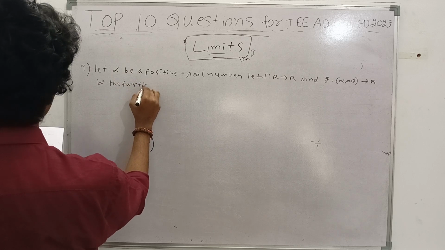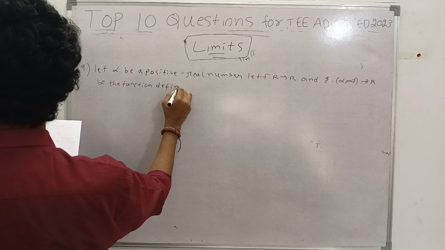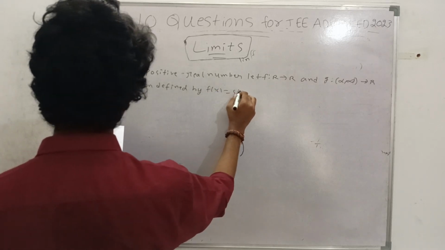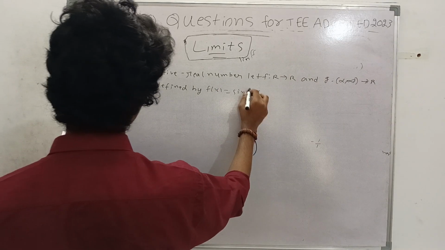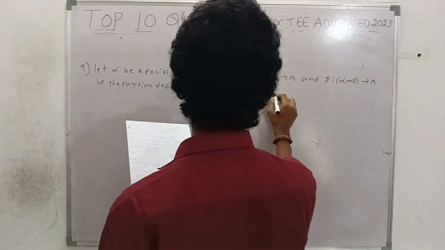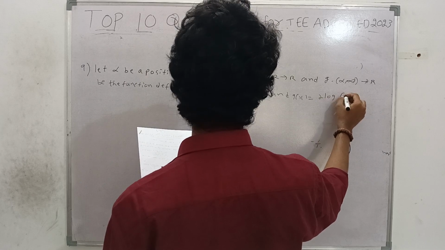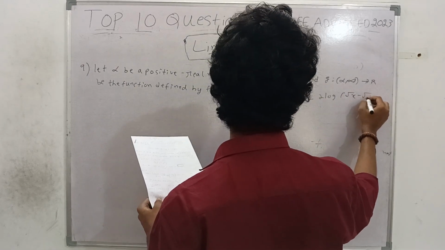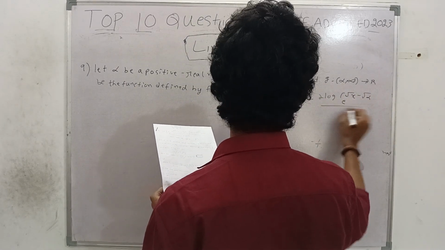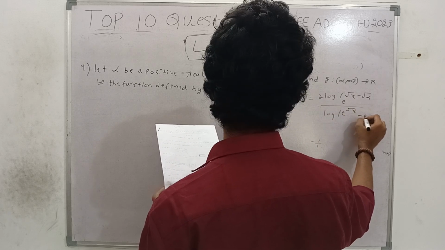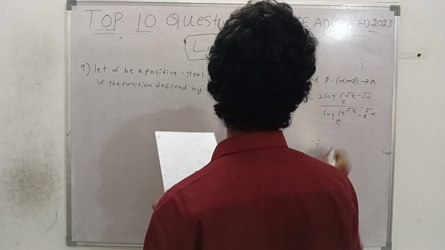defined by f of x equals sine pi x divided by 12, this is one thing, and g of x equals 2 log of root x minus root alpha, base e, divided by log of e power root x minus e power root alpha, base e.